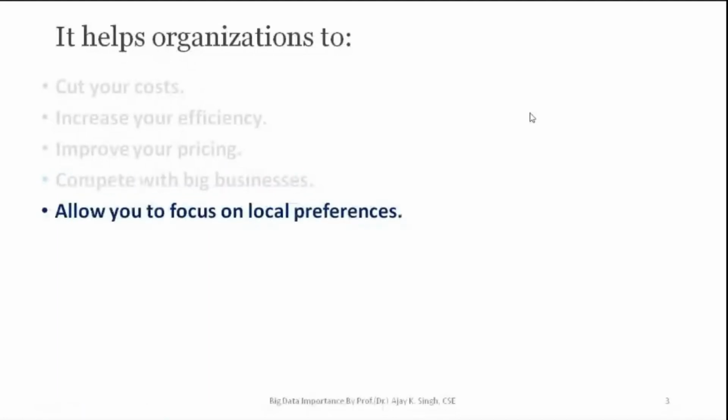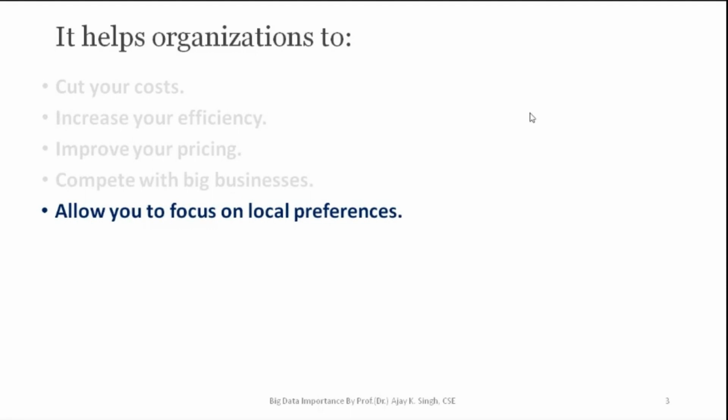Now, allow you to focus on local preference. Again, this is a very, very important part. Each and every user has his own perception based on his budget, his liking, his different aspects. So we are going to go for targeted customers.